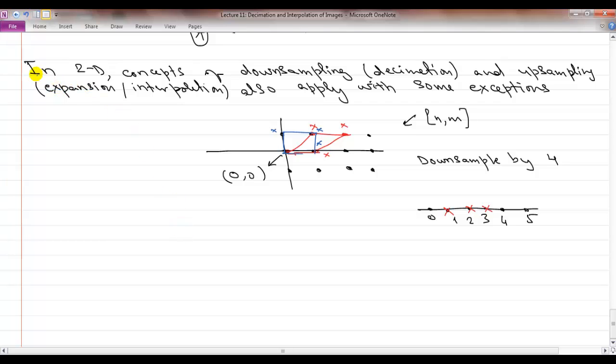What we will do is a simpler version of 1D decimation. You treat every line of this as a separate sort of 1D signal. You throw away every D1 samples there, and then you go in the other direction and you throw away every D2 samples in that direction.